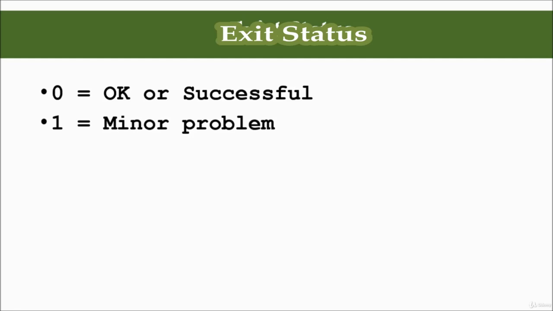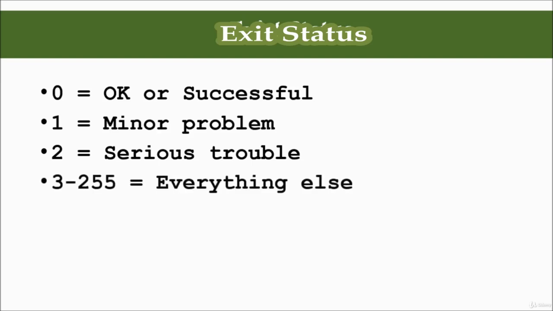If it is not, then it will give exit status 1, which is known as a minor problem. Or number 2, a serious trouble, or everything else, which is exit status from 3 to 255. So why do we actually need exit status in our scripting?